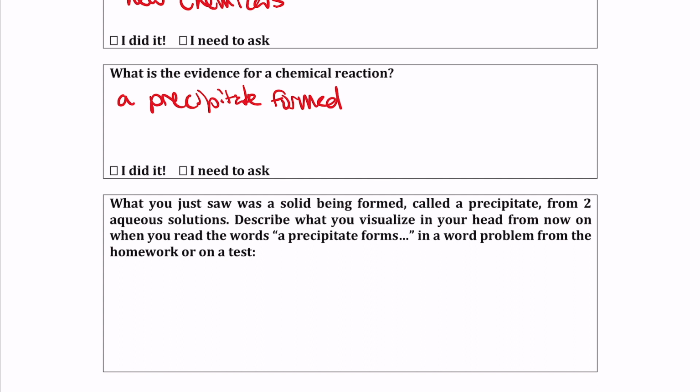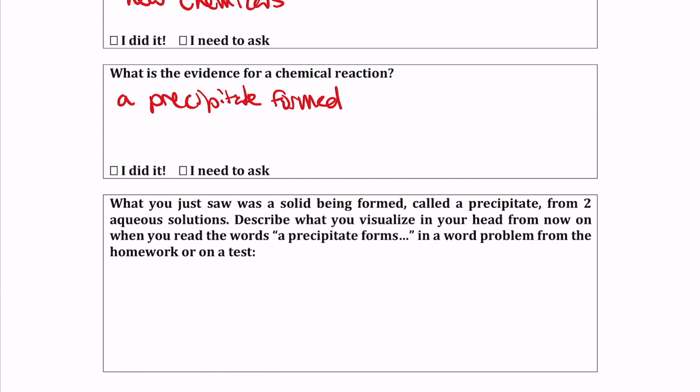When I think about a solid, I think about something like a rock or an ice cube. But that's, of course, not what happens. You don't put these two things together and now you have a block of something. The precipitate forms a very fine powder, which is a solid, and you're about to see in the video that it really is separate from the solution as it will settle to the bottom.